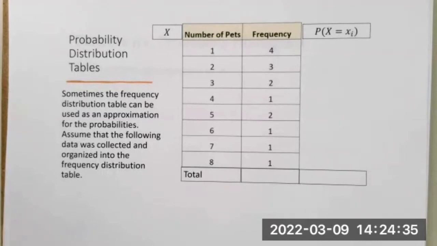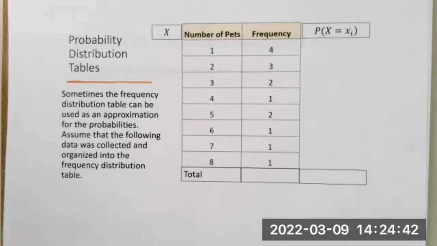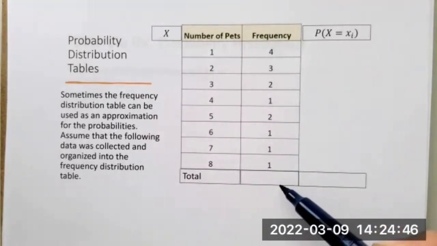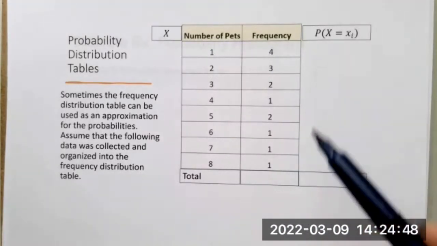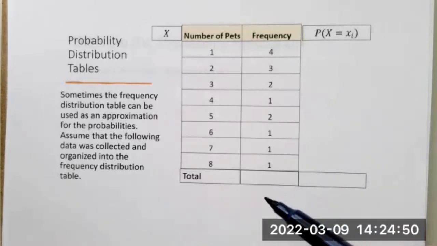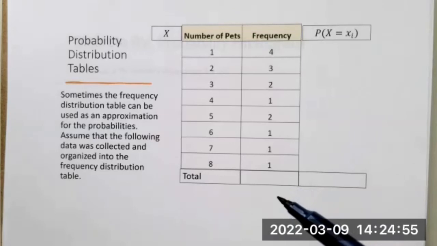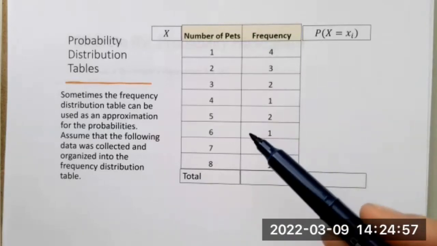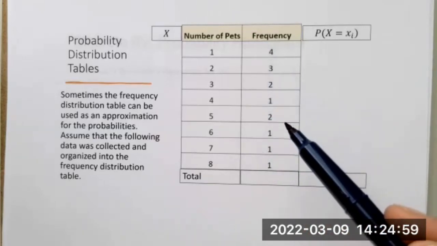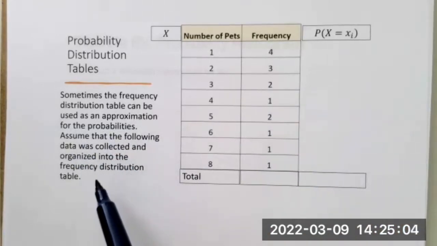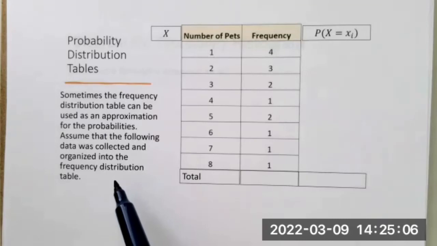We can turn a frequency distribution into a probability distribution by dividing each frequency by the total. And that will give us a relative frequency, which, as we talked about before, actually is your probability, right? So here we have a frequency distribution that summarizes the data collected and organized into this table.